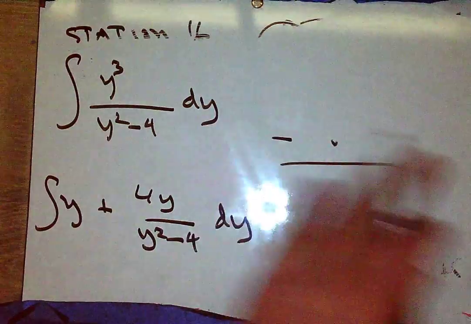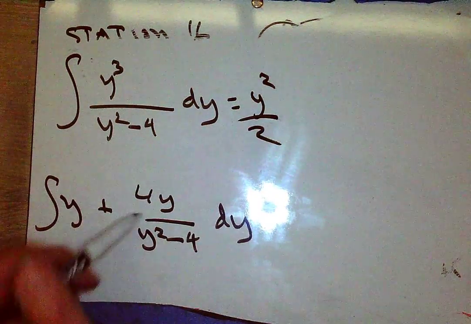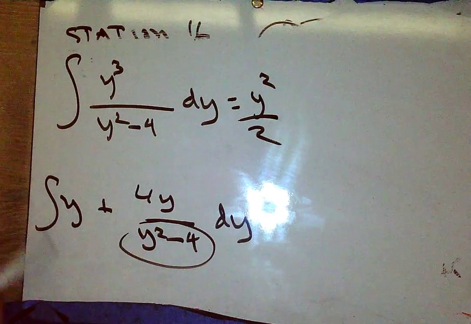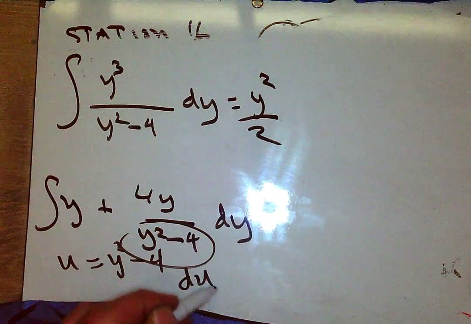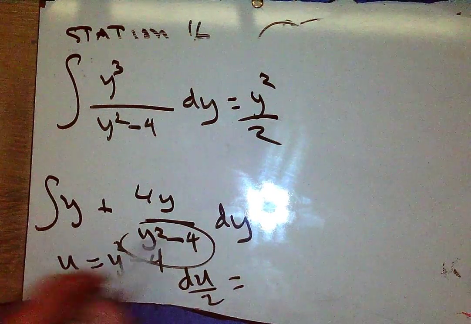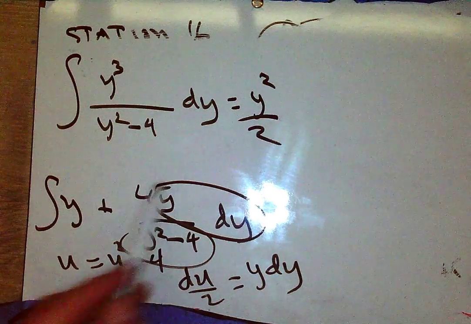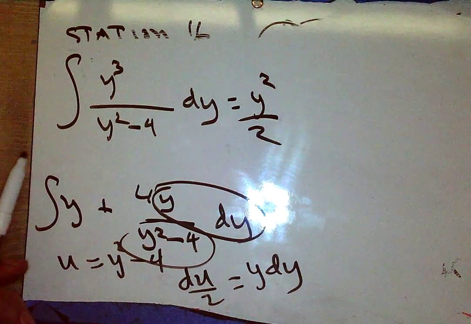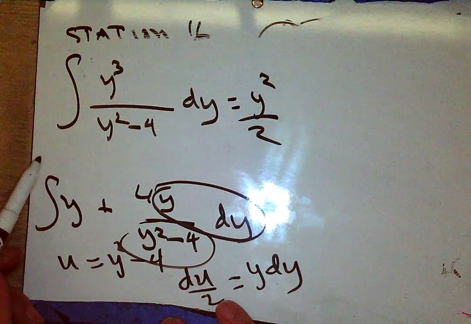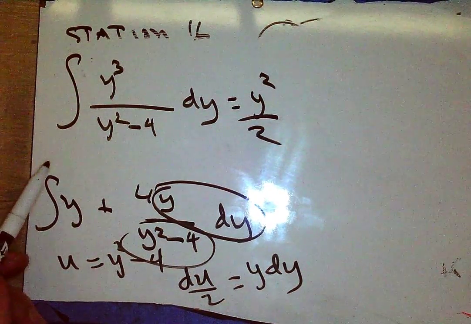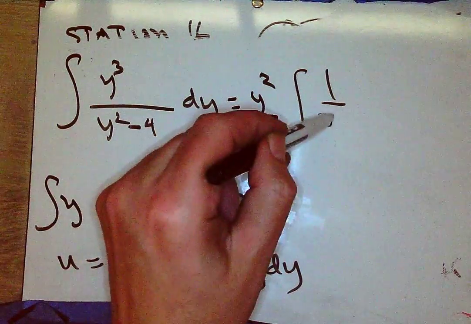Antiderivative of y, no problems. That's y squared over 2. What about here? Do you see the u sub? So u over 2 equals y dy. There's my y dy. So I'm going to have the integral of 1 over u.